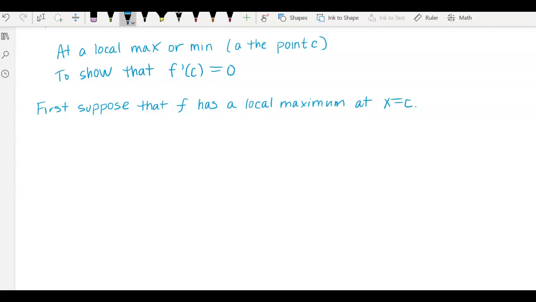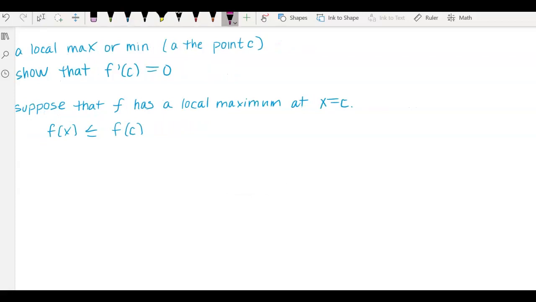So based on the definition that we just saw, that means that f of x, for all x's around there, are going to be less than or equal to f of c, right? So picture-wise, we've got our graph. C is here.